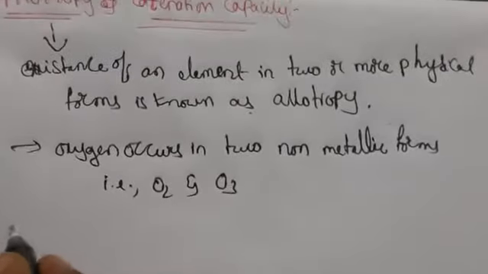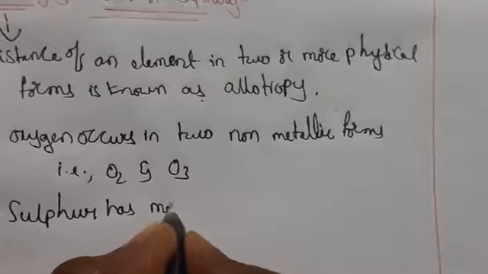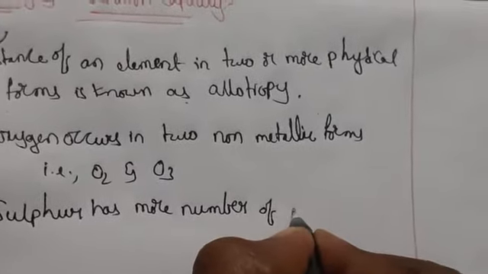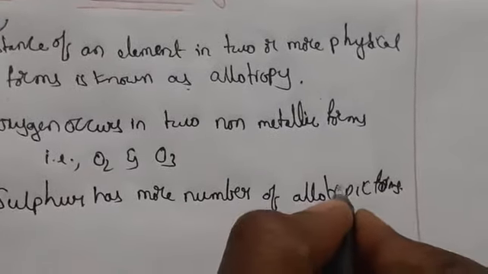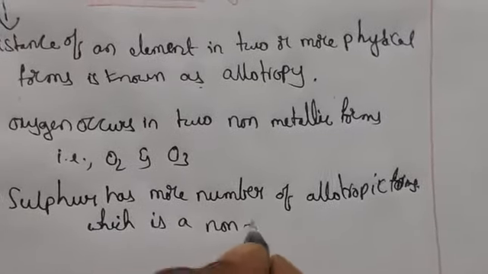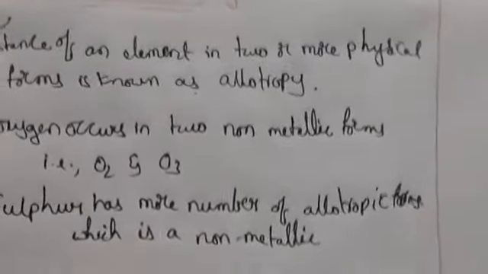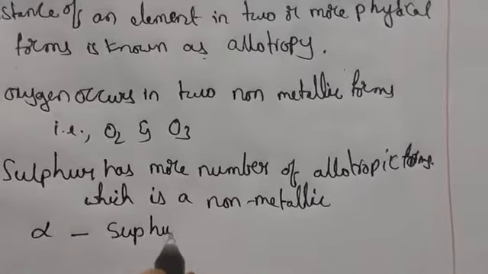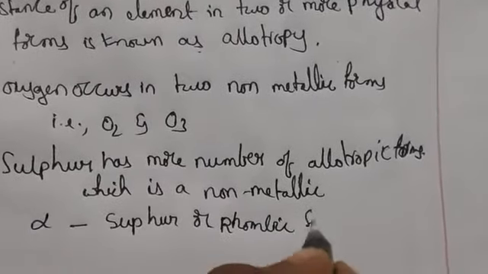Sulphur has a greater number of allotropic forms, which are non-metallic.